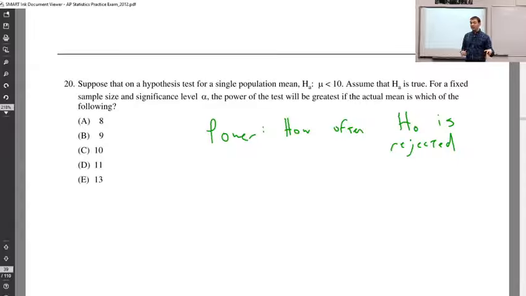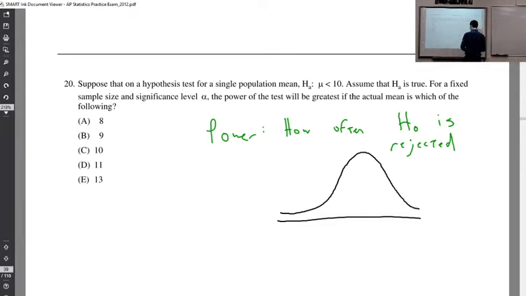And that will depend on what the actual distribution looks like. So I have this null hypothesis of the mean being 10. And so my rejection region is over here.